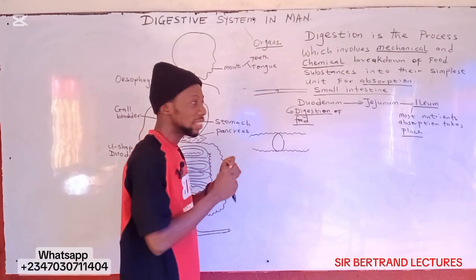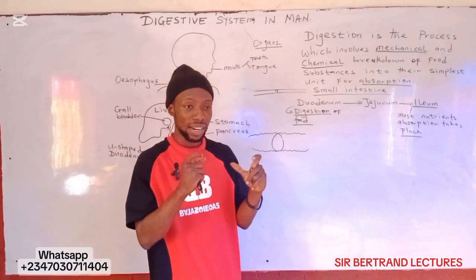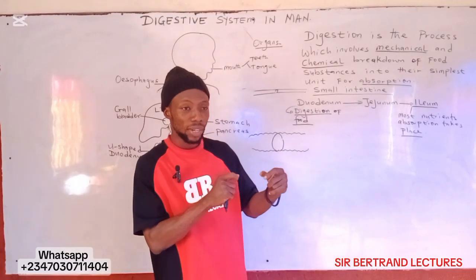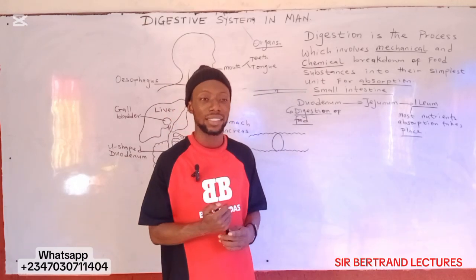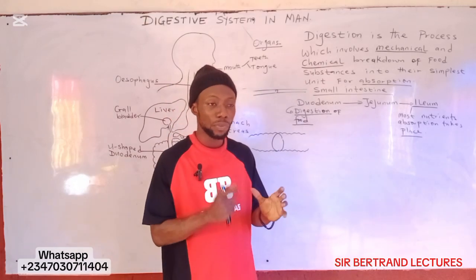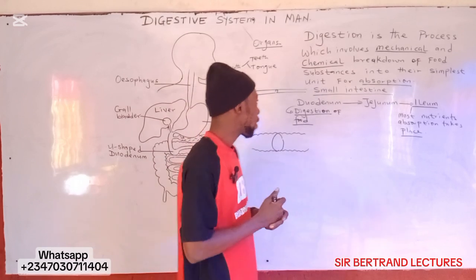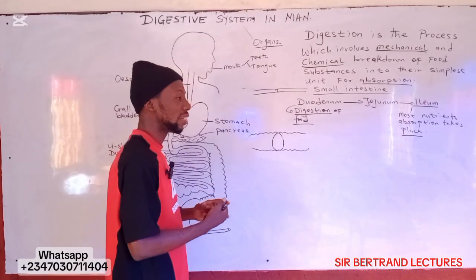Now, I'm talking of the real small intestine and large intestine we have in the body. In terms of length, the small intestine is longer than the large intestine, and the essence is for effective absorption of nutrients.